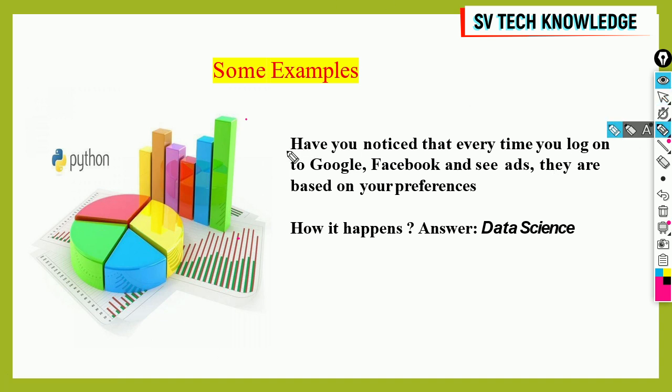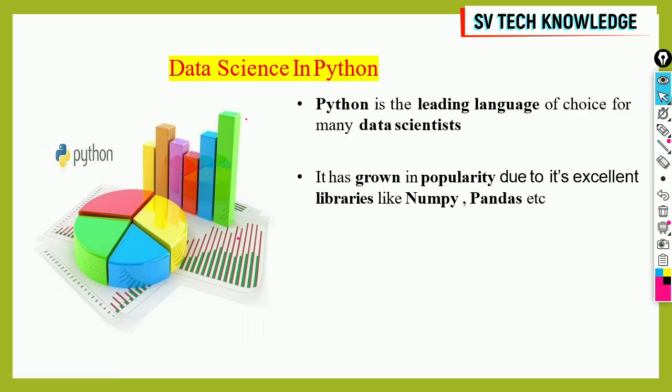Another example, have you noticed that every time you log on to Google or Facebook and see ads, they are based on your preferences? How does it happen? Because of data science again. Python is the leading language of choice for data scientists.